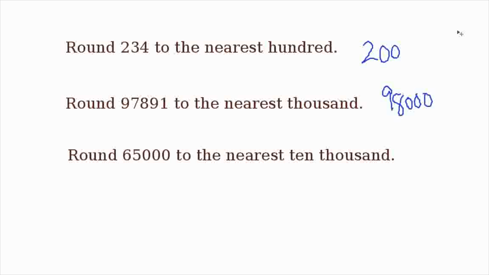Because of the 5. Now this one, the number doesn't end in 5, but because we're trying to round to the nearest 10,000, the 5 is still causing a similar problem. So once again, I'm going to use the convention that a lot of people use. So I'm going to say the answer is 70,000. All right, and that's all I have.